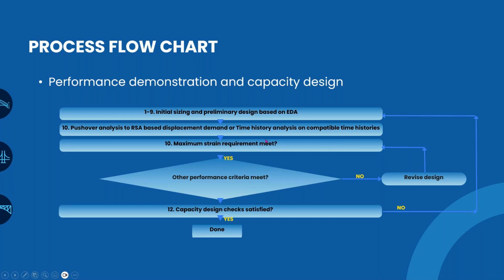So once this process is complete, we check whether the capacity design checks are satisfied, and if these checks are satisfied, the complete performance based design concept is satisfied. So this is the ideal flowchart that we follow.